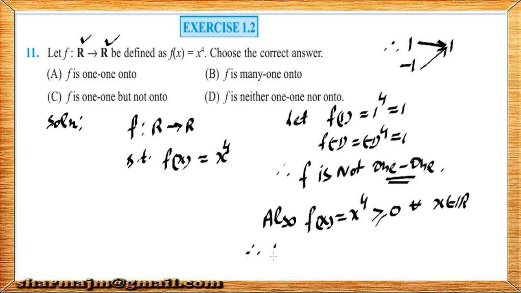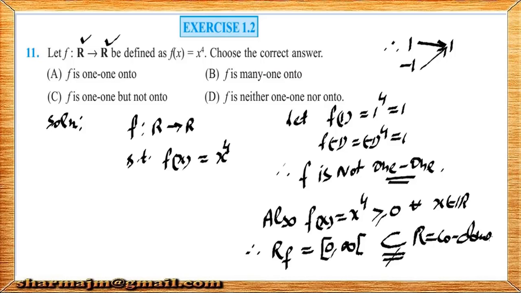Therefore the range of this function will be 0 to infinity, and it is a proper subset of R, that is the codomain. Therefore f is not onto.